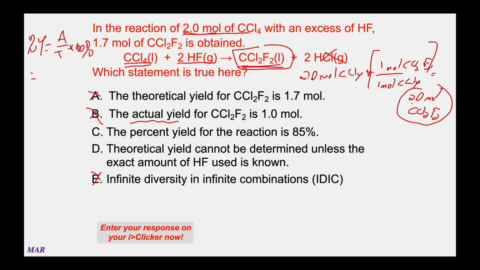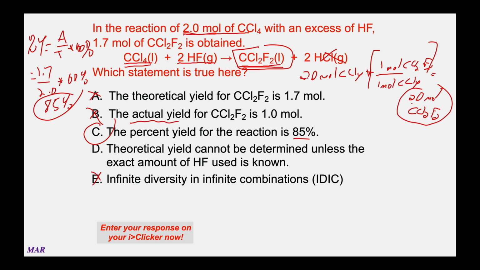So in this case, we saw that the 1.7 moles is the actual yield. 2 moles is the theoretical yield times 100%. And in my calculator here, I'm going to enter that in real fast. I get 0.85 times 100%. I'm getting a percent yield of 85%. So I believe answer C is correct.